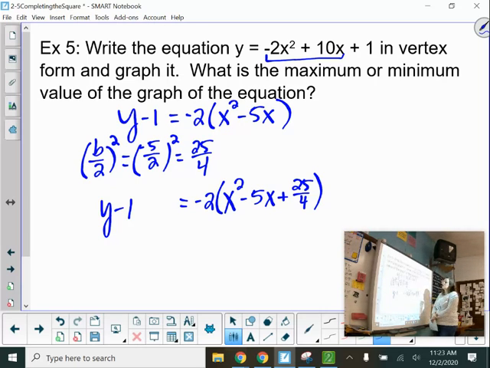So to keep my two equations balanced, I can't add just 25/4 to the left-hand side because I actually added -2 times 25/4. So anytime you have a number on the outside that you factored out, you have to multiply that by your b value whenever you add to the other side of your equation. So I'm adding -2 times 25/4, not just the 25/4.